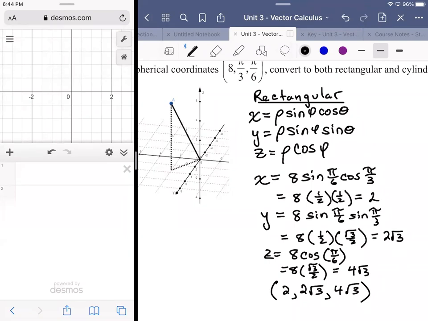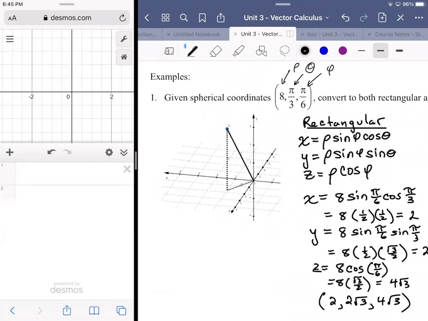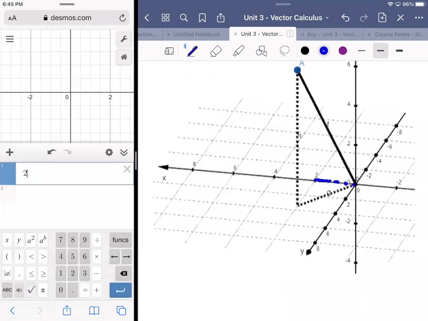All right, so if I go 2 units in the X direction, now you'll see here that the labels are kind of askew. I got X going off this way. So that's 2 units along this path. I'll use different colors to make it pop a little bit. So 2 units along this direction, 2 radical 3 along the Y direction.